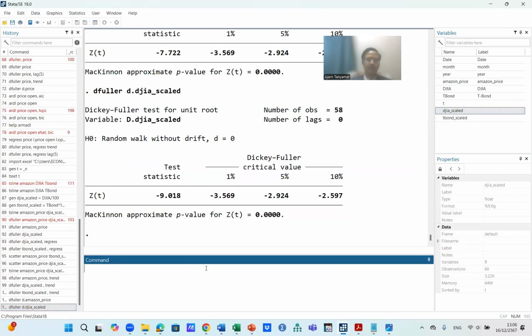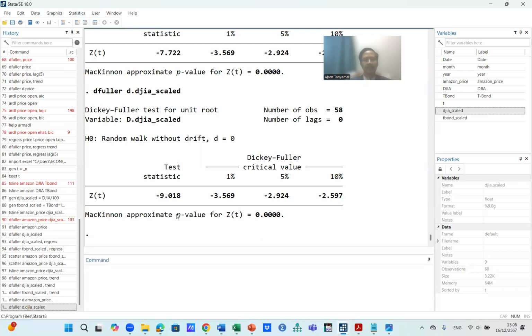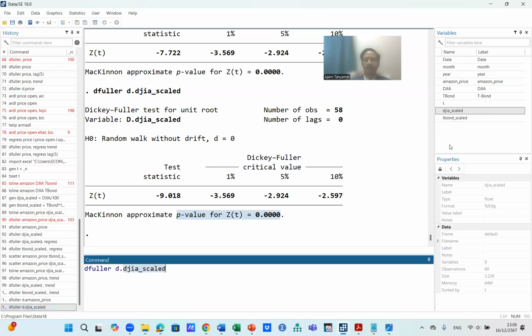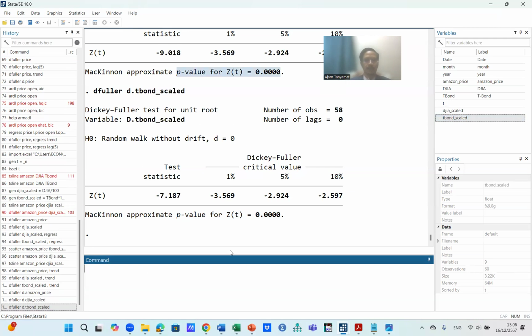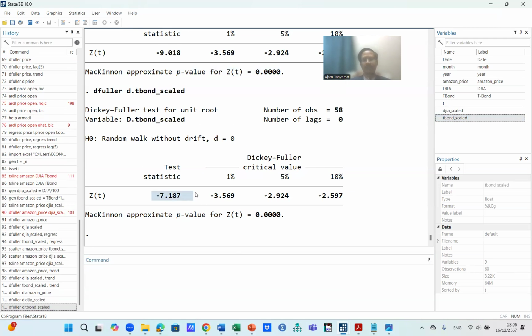Is the first difference stationary? Yes. P-value goes to 0, stationary. Okay, and then let's try for T-bond. Stationary as well. So all these guys, the first difference for each variable is going to be stationary.